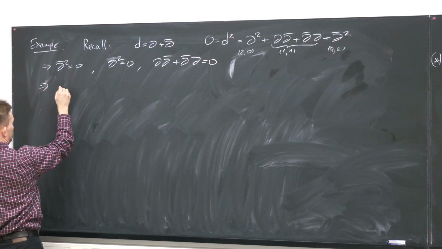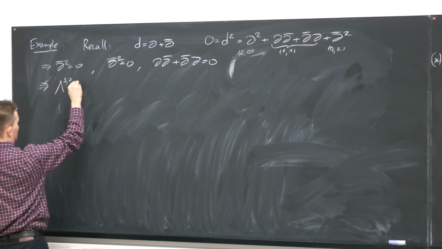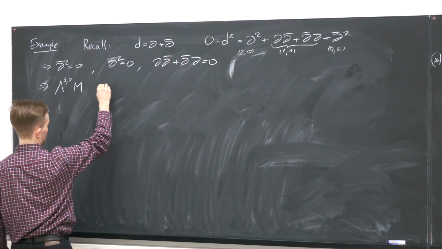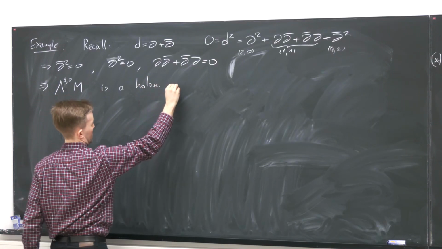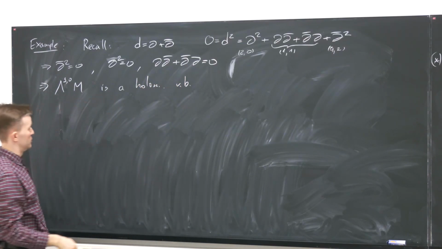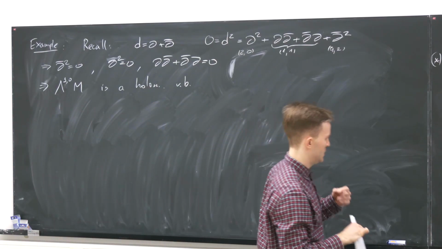So this means that Lambda^{1,0} M is a holomorphic vector bundle. Well, of course, it is also possible to check this using the definition in terms of cocycles.